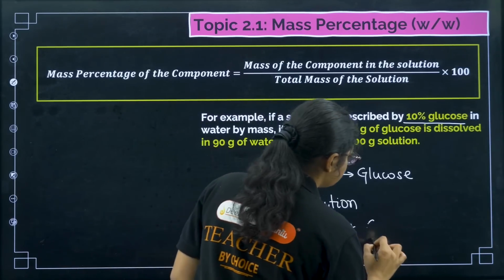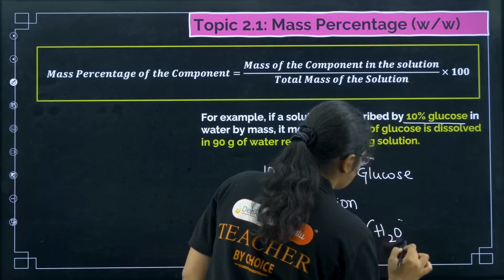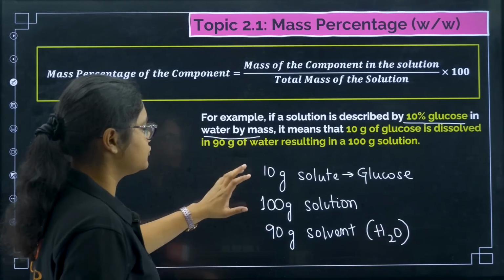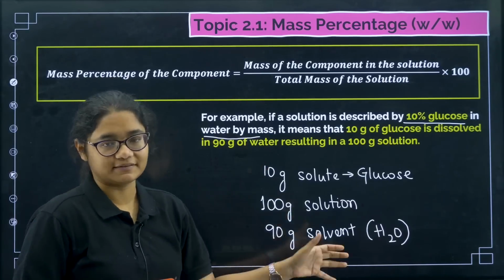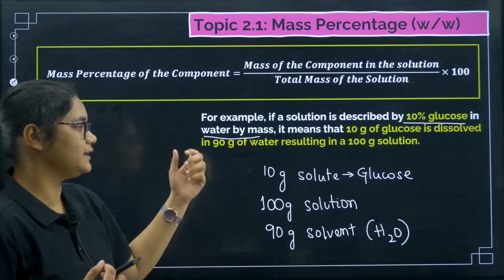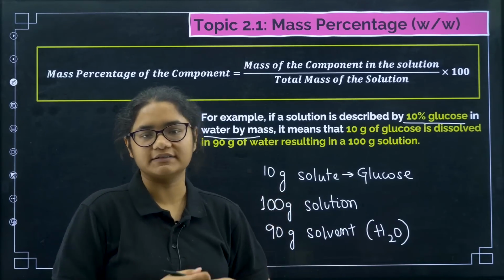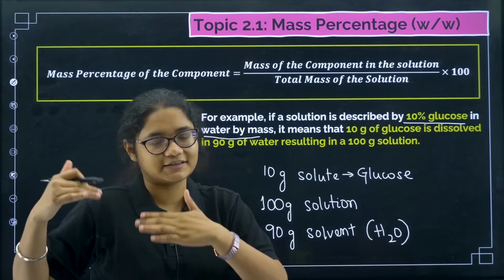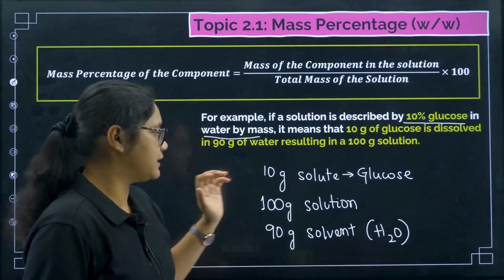Solvent means water, because here it is mentioned water by mass. So that is the meaning of this 10%. Whenever in numericals it is given 10% ammonia, 10% ethanoic acid, you should know that 10 gram is ethanoic acid in 90 gram of water. This is very important.